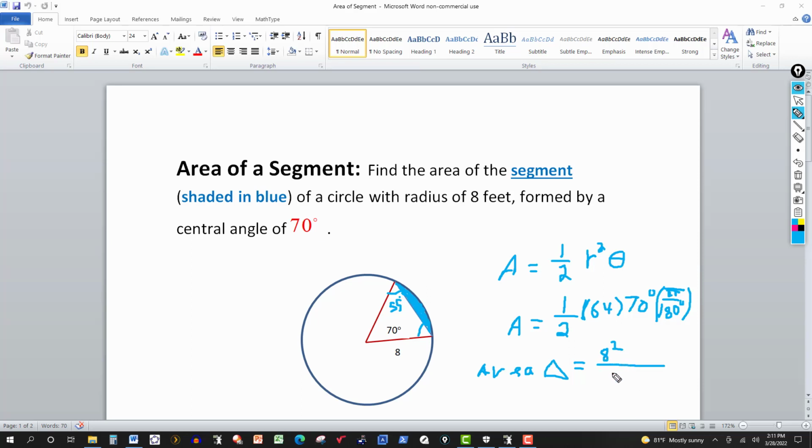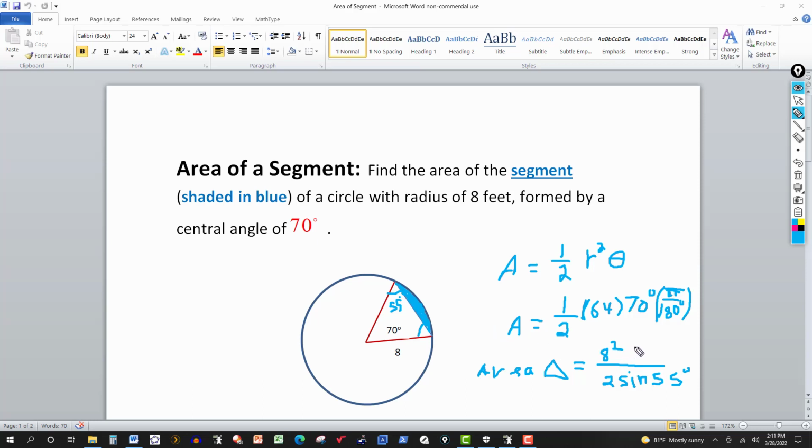And then on the bottom, it's the angle opposite the side you pick. It doesn't matter which one you pick. If you take this 8 over here, the angle opposite is 55. So it's 2 times the sine of 55 degrees. And then on top, you would have the sine of whatever two angles are left.